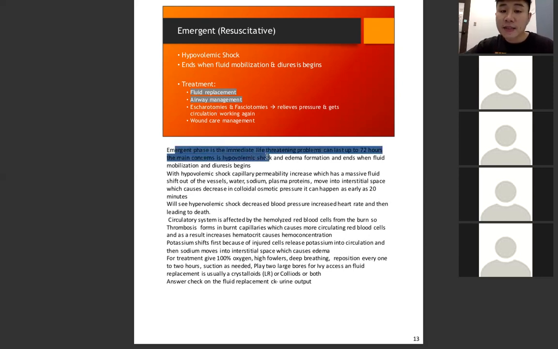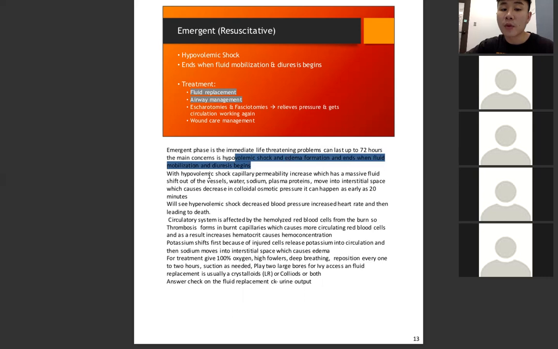The emergent phase is the immediate life-threatening period and can last up to 72 hours. The main concerns are hypovolemic shock and edema formation, and it ends when fluid mobilization and diuresis begin. With hypovolemic shock, capillary permeability increases, which causes a massive fluid shift out of the vessels.